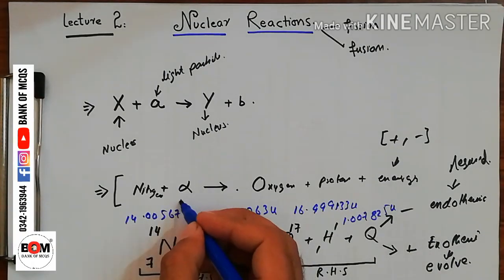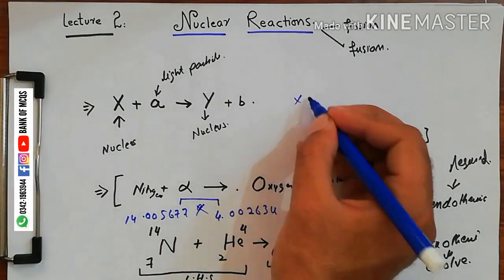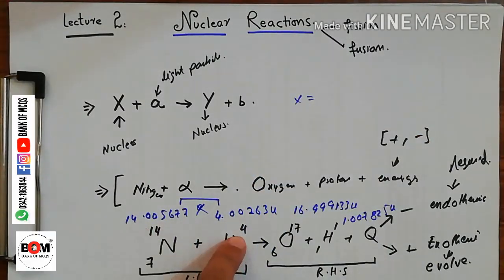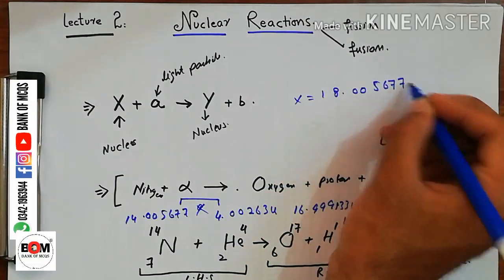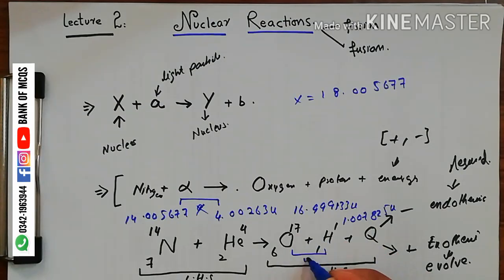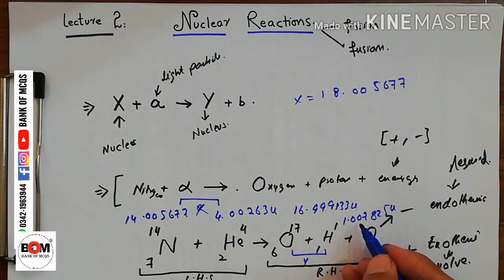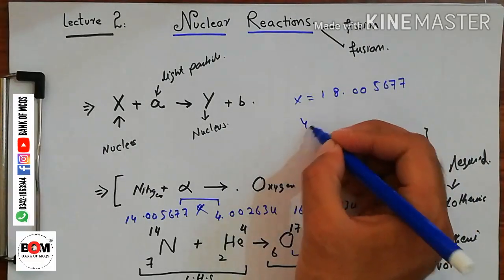If we add the alpha and nitrogen masses, the value of x is 18.005677. And the sum of the masses of oxygen and hydrogen is y, which is 16.999133 plus 1.007825.